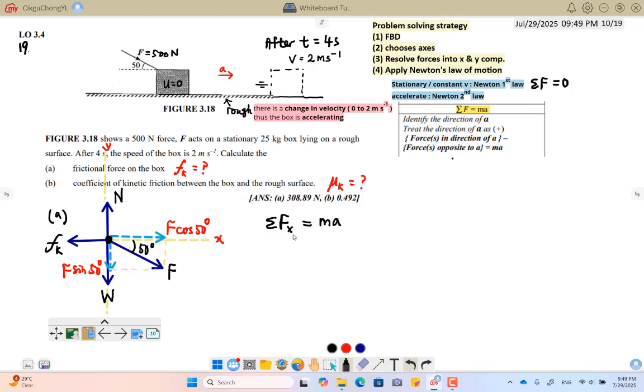So how am I going to write the equation for Newton's second law correctly? First I identify the direction of a. The direction of a is rightward, so I treat the direction of a as positive.